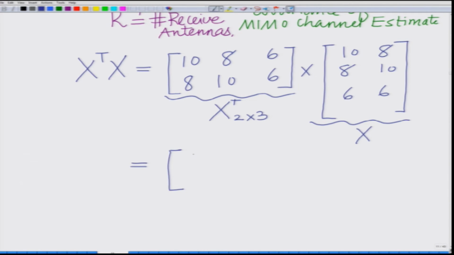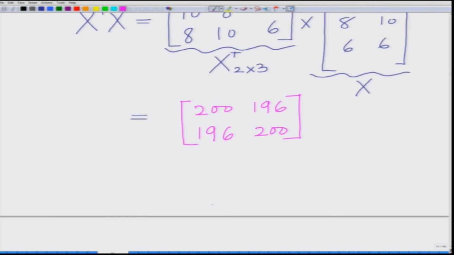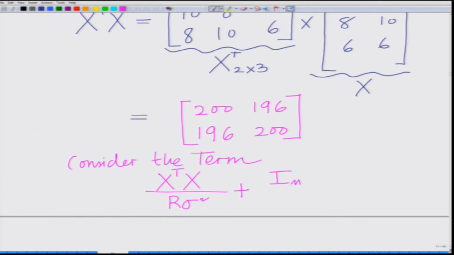This becomes 200, 196, 196, 200. Now consider the term x transpose x by r sigma square plus m cross m identity, that is 2 cross 2 identity, divided by r sigma h square.